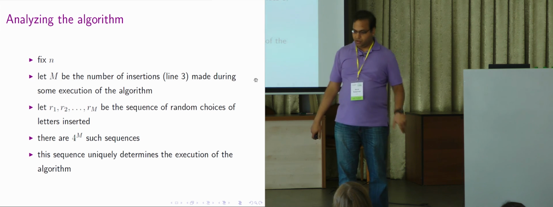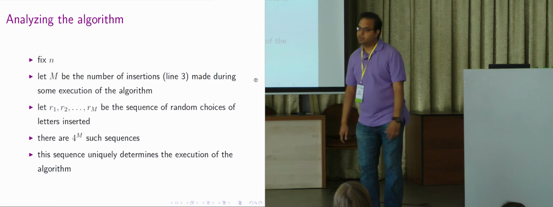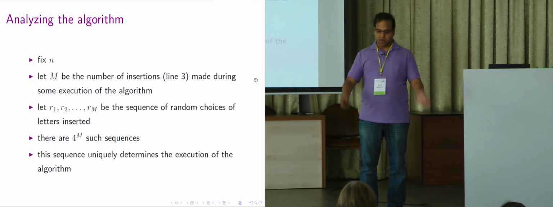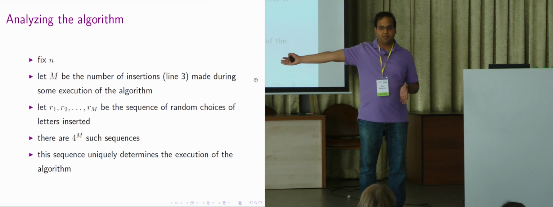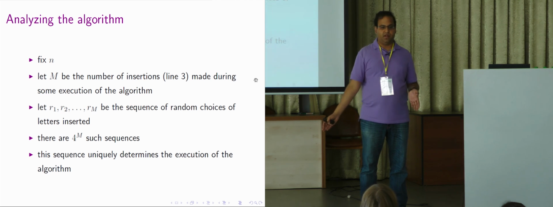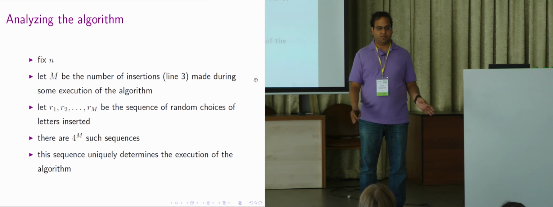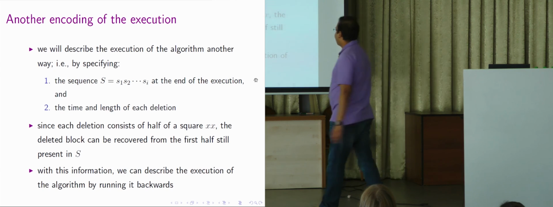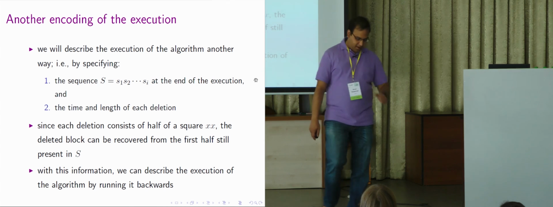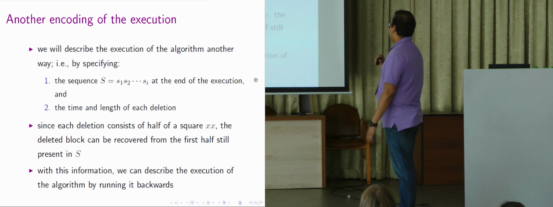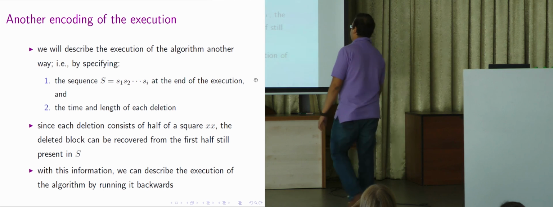I'm going to show this by contradiction. Suppose I do run it for a very long time, and it does not produce a square-free word of length n, then I get a contradiction. So I have this one way of counting the executions of the algorithm, and now I count it a different way.